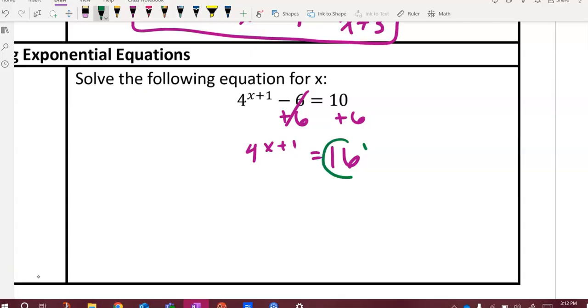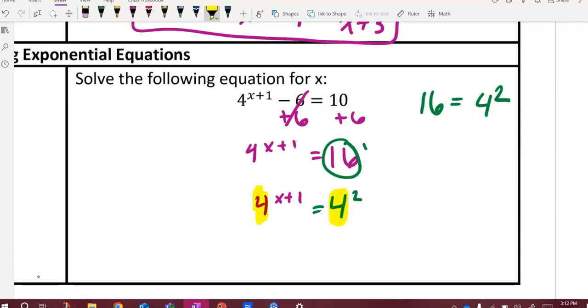And we can definitely rewrite 16 to be 4. What exponent does 4 need to be 16? It needs a 2. So we can rewrite this right side. Instead of 16, we can say 4 squared. And now our bases match and can cancel out, setting our exponents equal to each other. We solve for x.